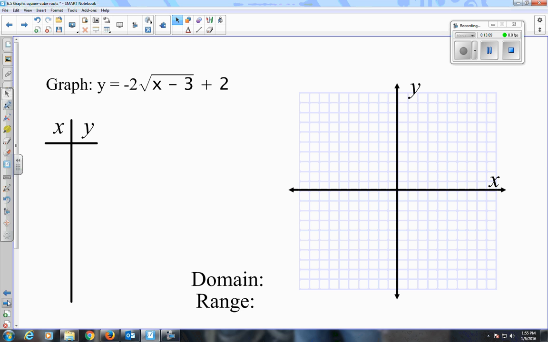It's negative 3, so we're going to go right 3. So my vertex is going to be the point 3, 2. Okay, so that's your starting point. That's how you pick your first point. It was here. And you want to make that 0, so you pick 3 minus 3 is 0.